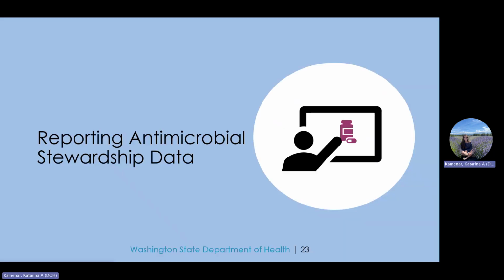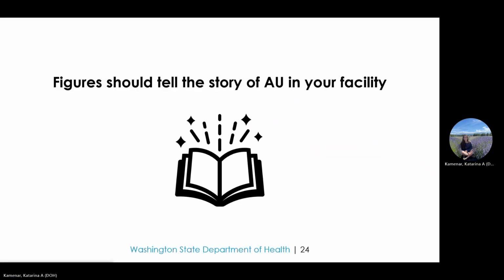All right, now we'll talk about some tips for reporting antimicrobial stewardship data. The reporting core element of the antimicrobial stewardship program for nursing homes recommends that you provide regular feedback on antibiotic use and resistance to prescribing clinicians, nursing staff, and other relevant staff.